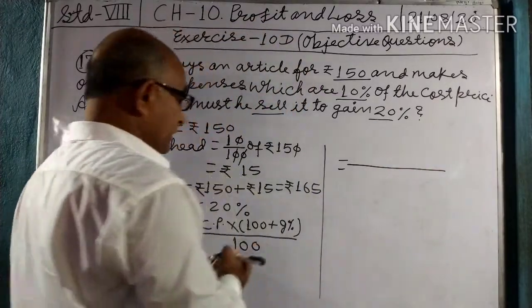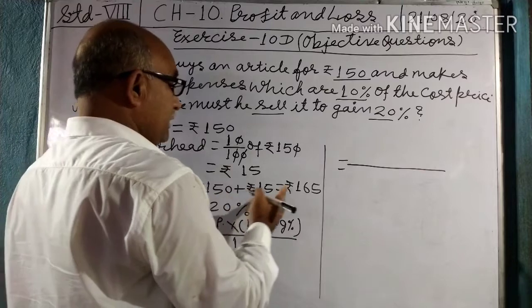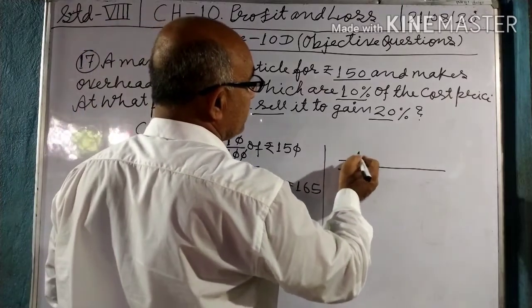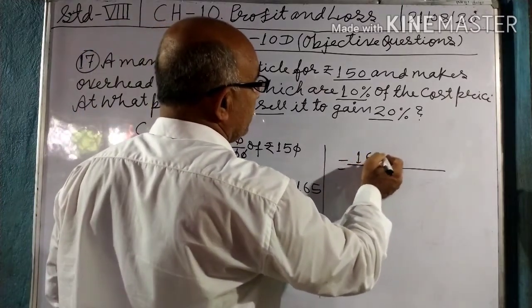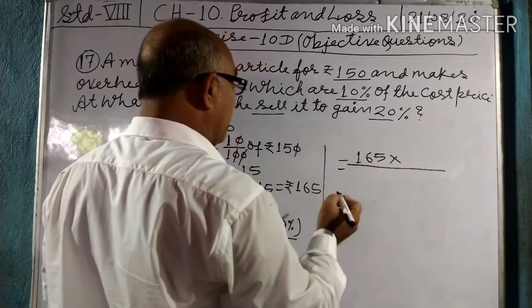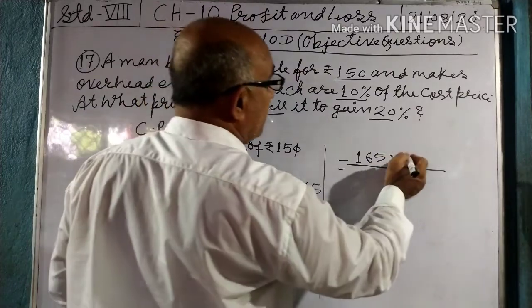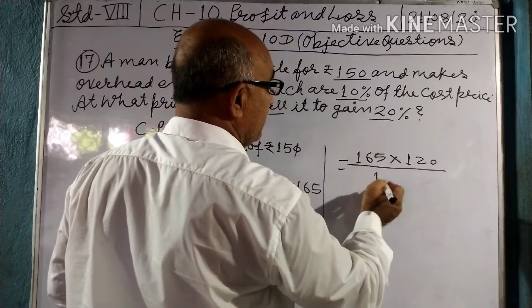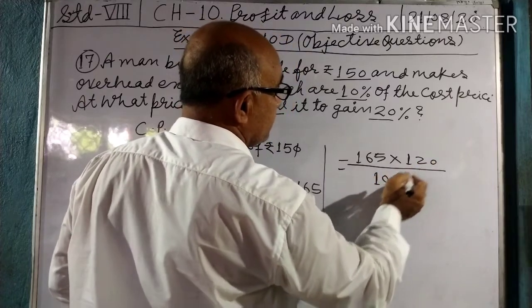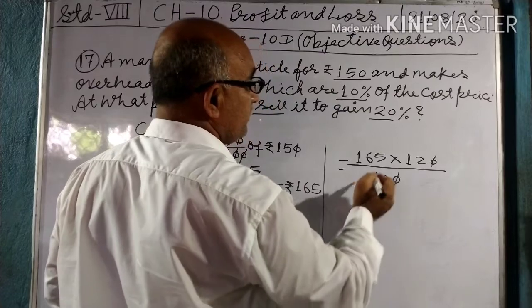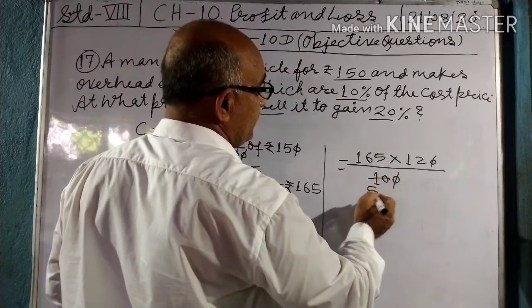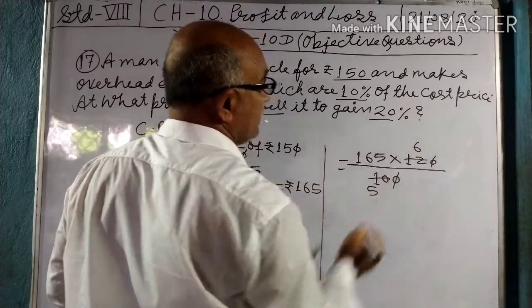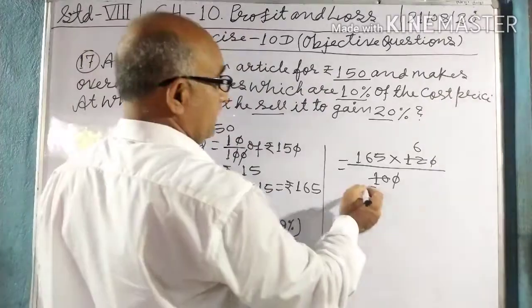SP equal to CP into, so CP is 165, into 100 plus gain, so 100 plus 20 equal to 120 by 100. Zero cancels zero. 5 times 2 is 10 and 5 times 3 is 15.